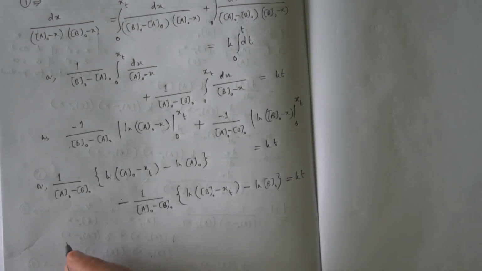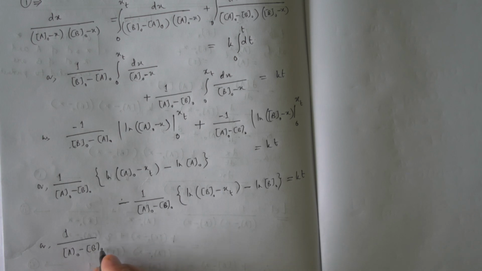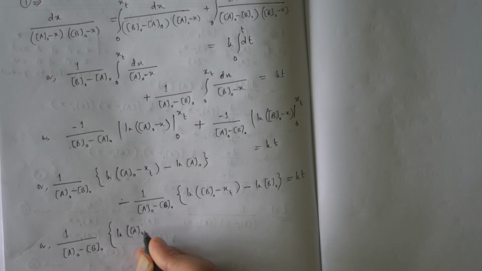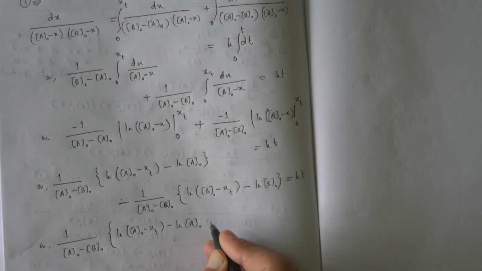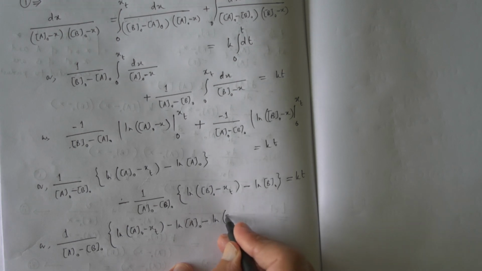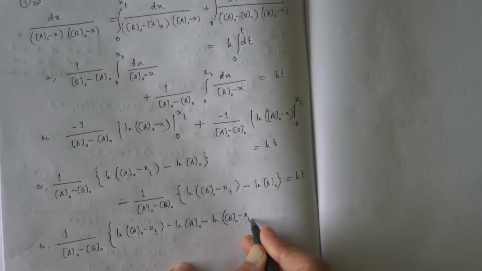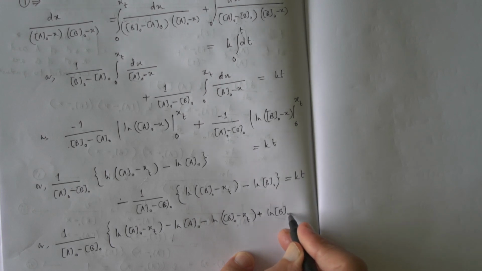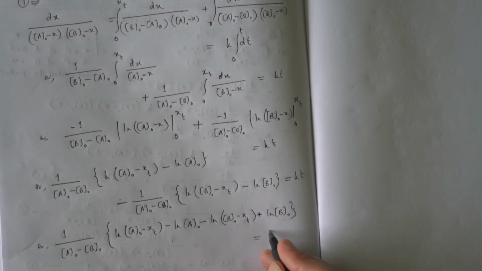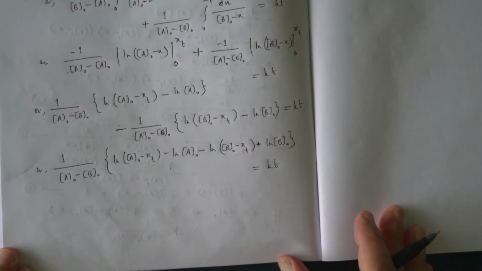For simplification, I can take 1 by (A naught minus B naught) common, so it will be ln (A naught minus xt) minus ln A naught minus ln (B naught minus xt) plus ln B naught equal to kt.